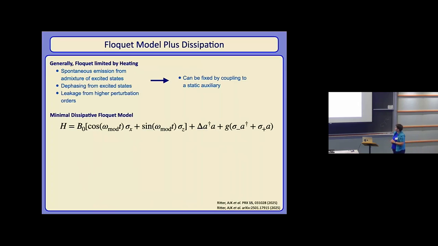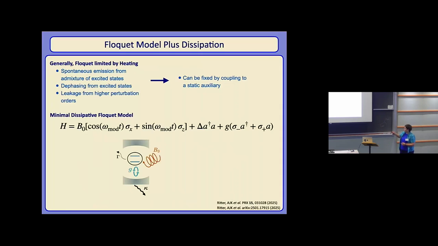And so to understand this, let's look at really the simplest possible strongly driven model. So we're going to keep only the circularly polarized part of the field that we had before, and the cavity. And so this is our toy picture now, that we have an atom in a cavity with a coherent coupling g and this rotating field B naught.